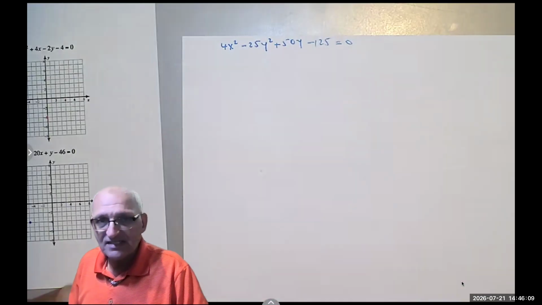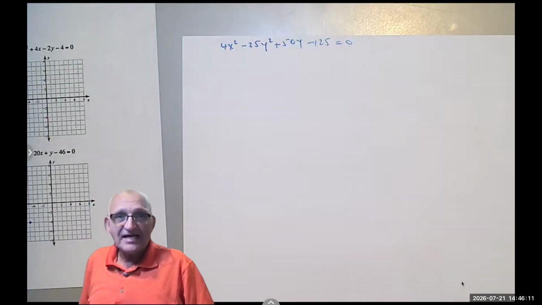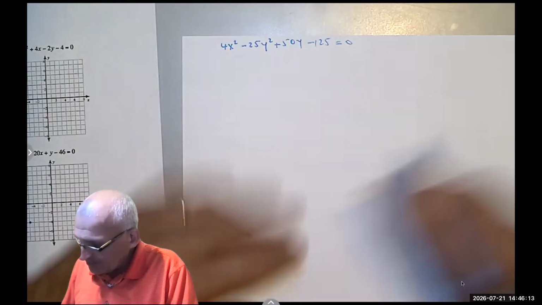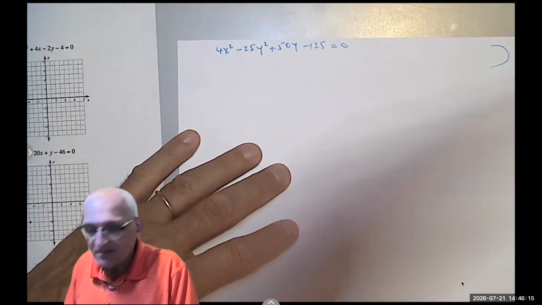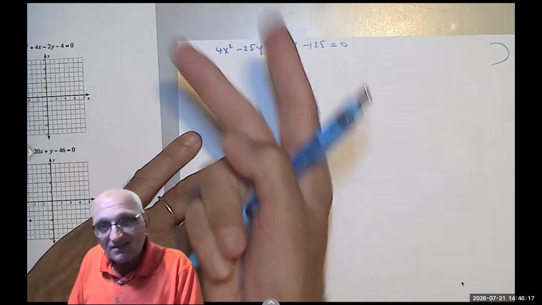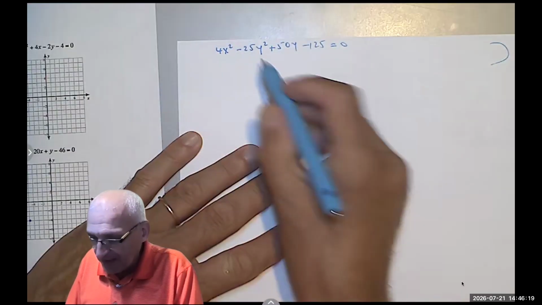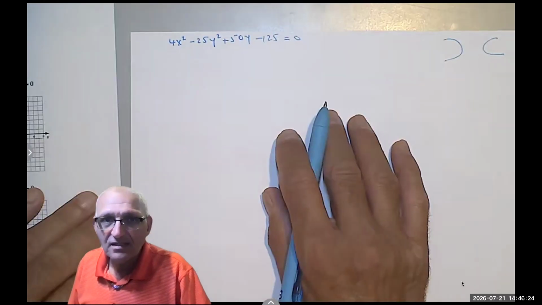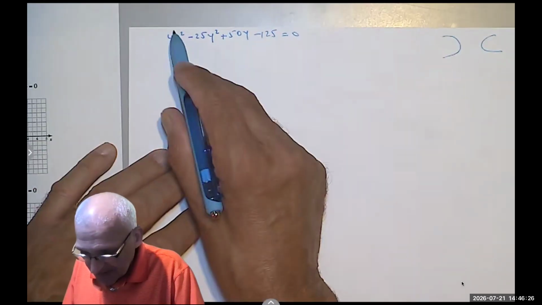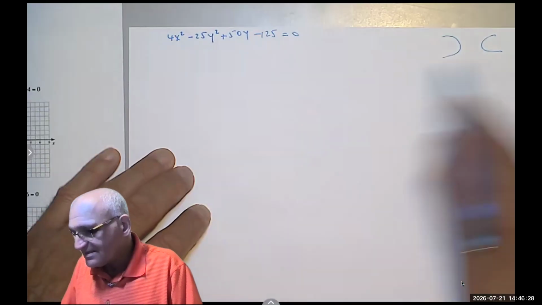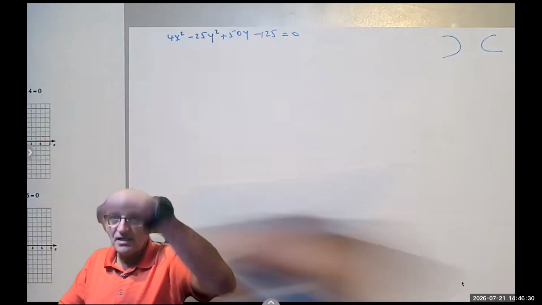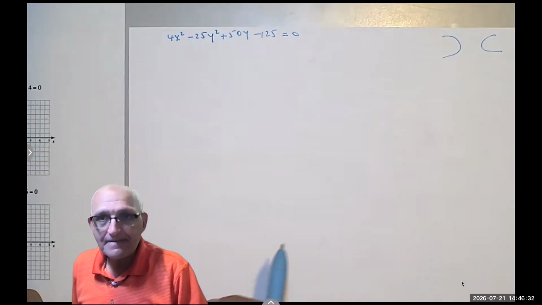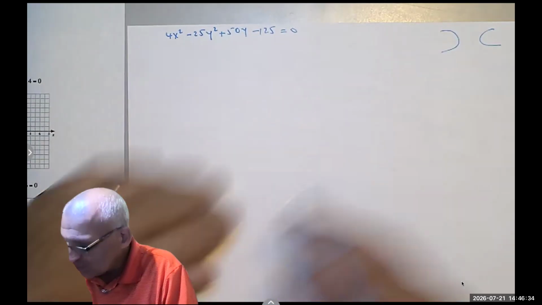One is positive, one is negative. A positive is the x. So this hyperbola is opening sideways. If it was the other way around, it would be opening up and down. So you look at the positive coefficient, and that's the direction where the hyperbola is opening. That's the first thing you do.